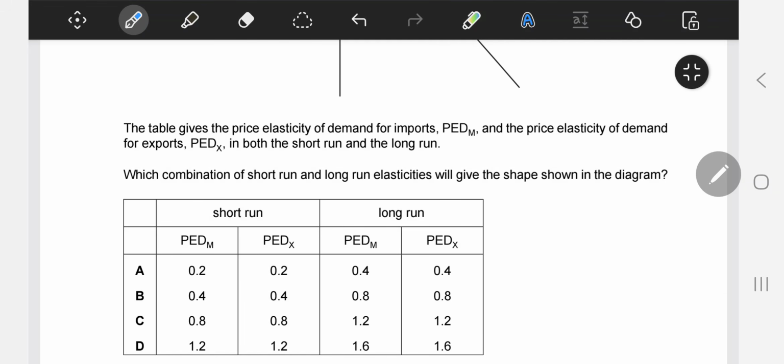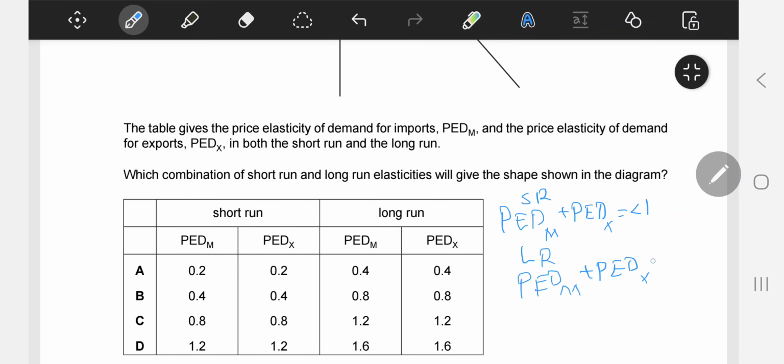So in the short run, we expect PED of imports plus PED of exports to be less than 1, and in the long run, I expect the same now to be greater than 1.